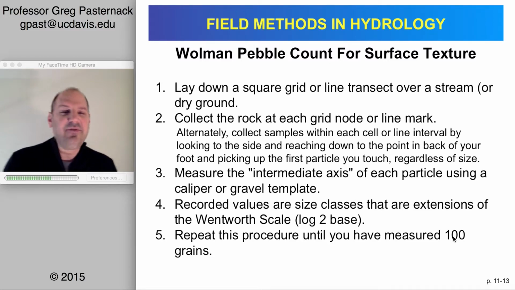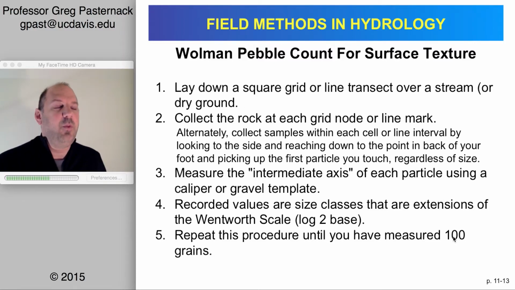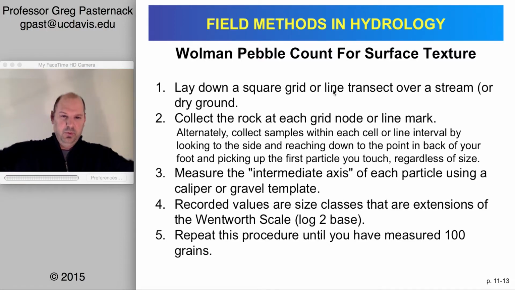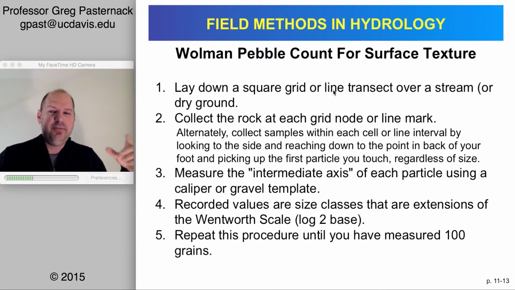So you still have to have your sampling scheme to decide where you're going to do any of these methods, but once you've picked your spots, you can either lay down a square grid, which could be a 1 meter wooden square, like imagine meter sticks, 4 of them to make a square.